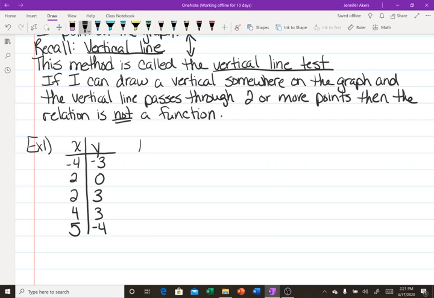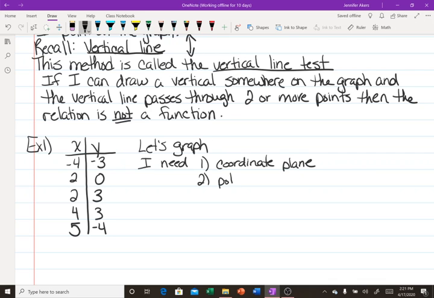Now let's graph. So I need 1, a coordinate plane, then 2, plot each ordered pair.